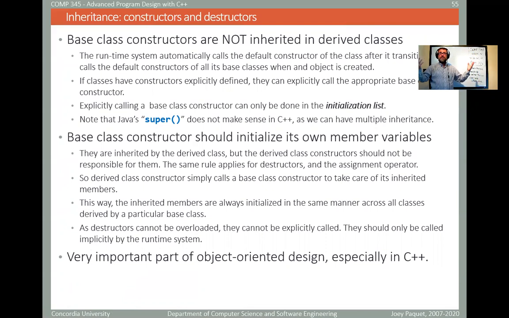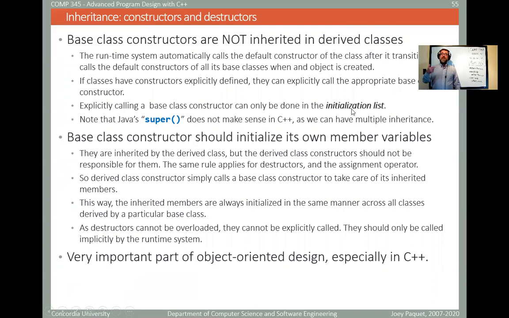If you are implementing constructors yourself which include some passed parameters, these will not be called automatically. You have to call them explicitly. The way to explicitly call your specific constructor can only be done in the initialization list.